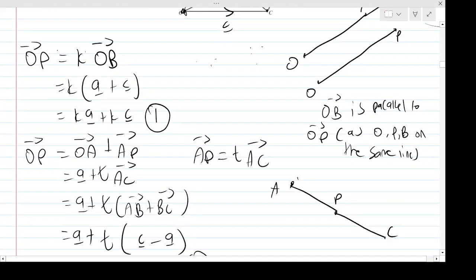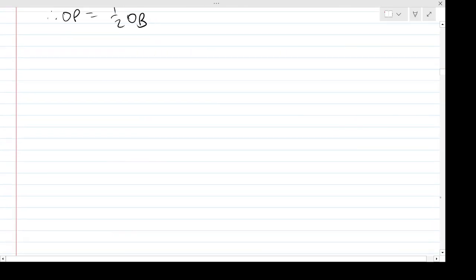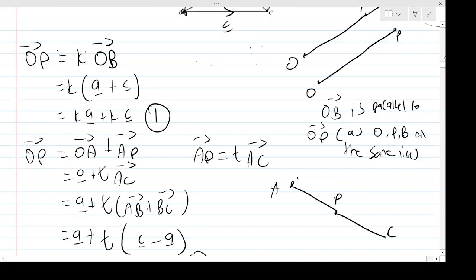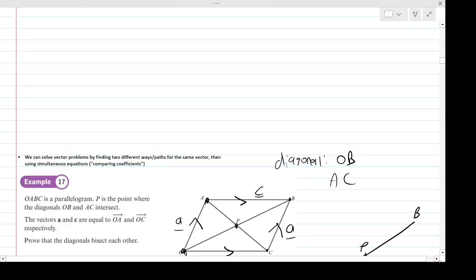We also said that A to P is T lots of AC. So AP, we know that T is a half as well, so AP is going to be half AC. Okay. Now why is this important?